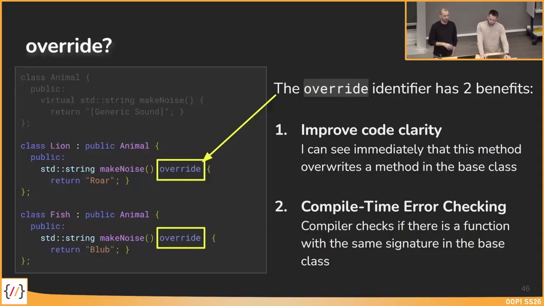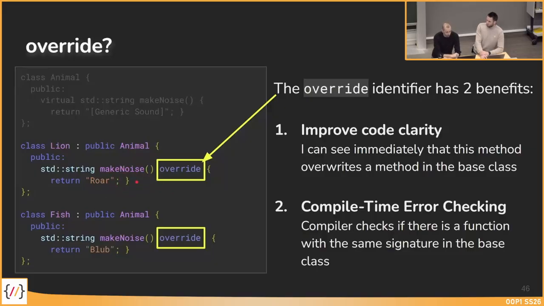So basically write it again with slightly different implementation in this subclass here. And this improves the code clarity, so I now know immediately that this is also defined in the base class.